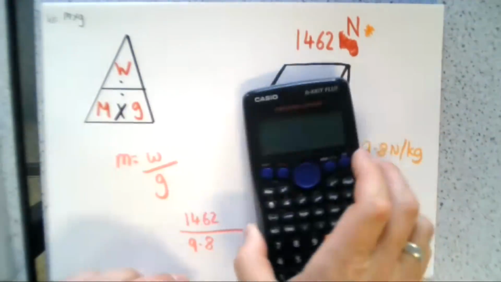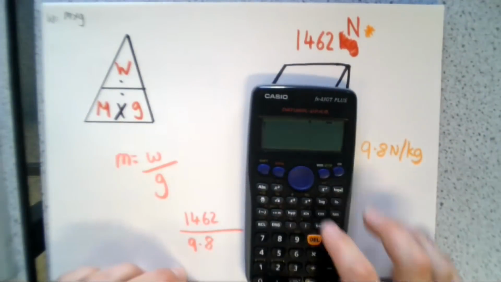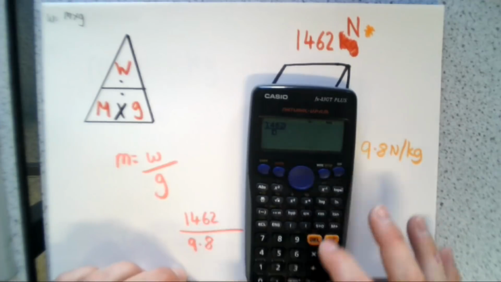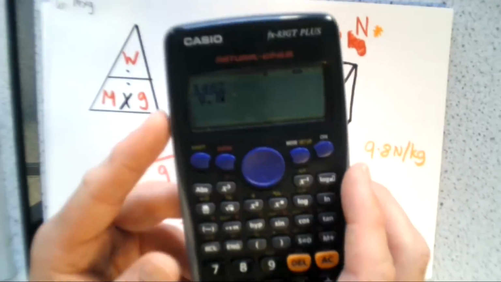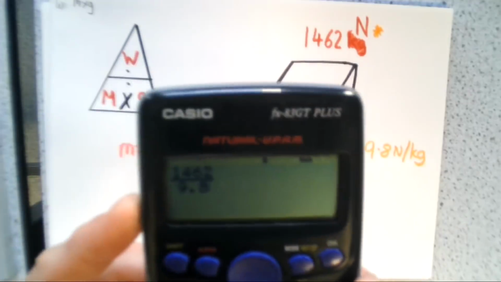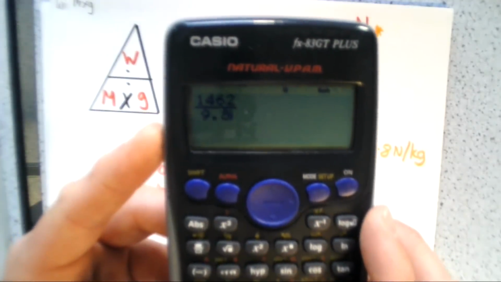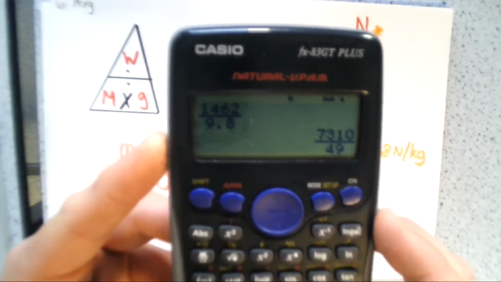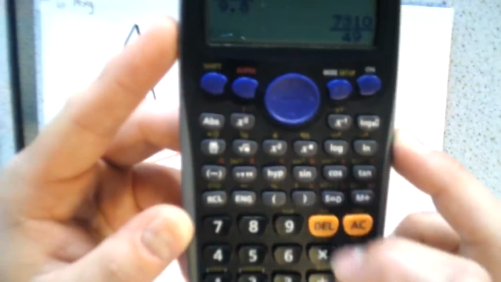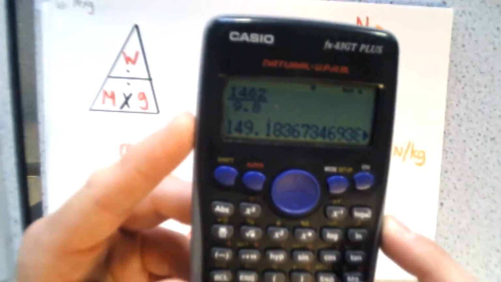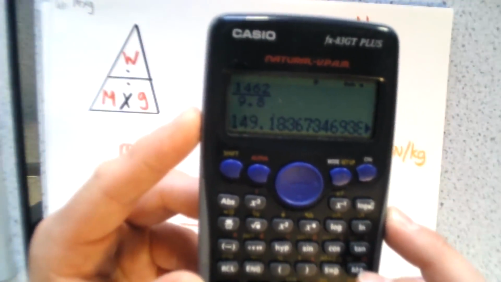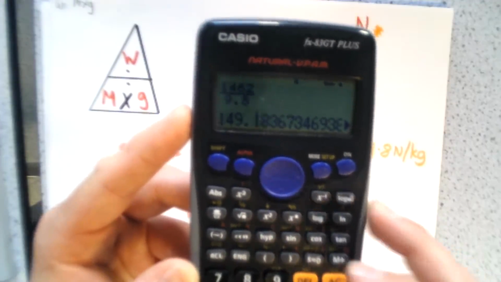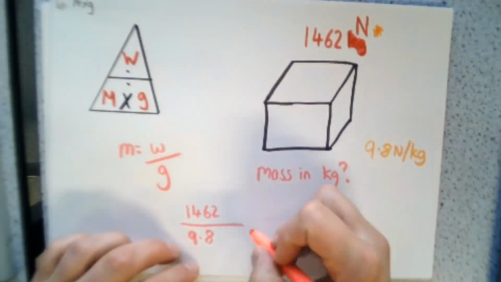So pop that into the calculator. It's 1,462 divided by 9.8. Get your equals, change that by pressing SD to a decimal, and we get 149.18. Okay, we'll round it to one decimal place, it's 149.2.